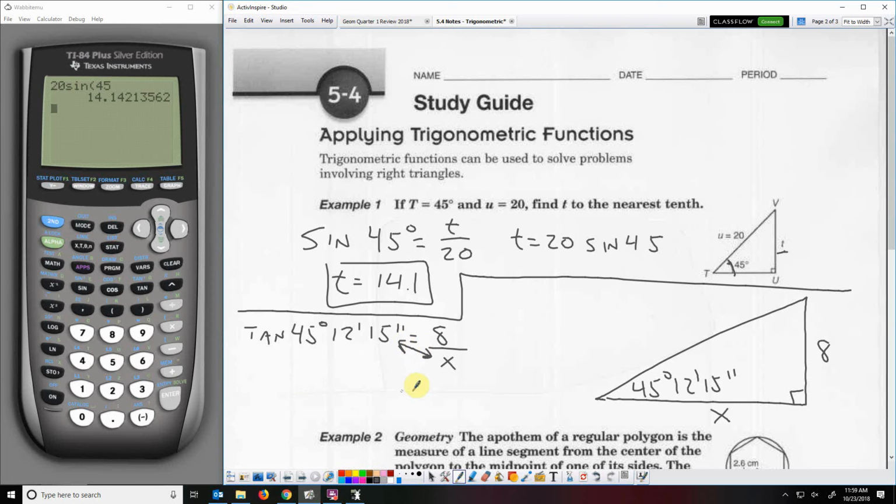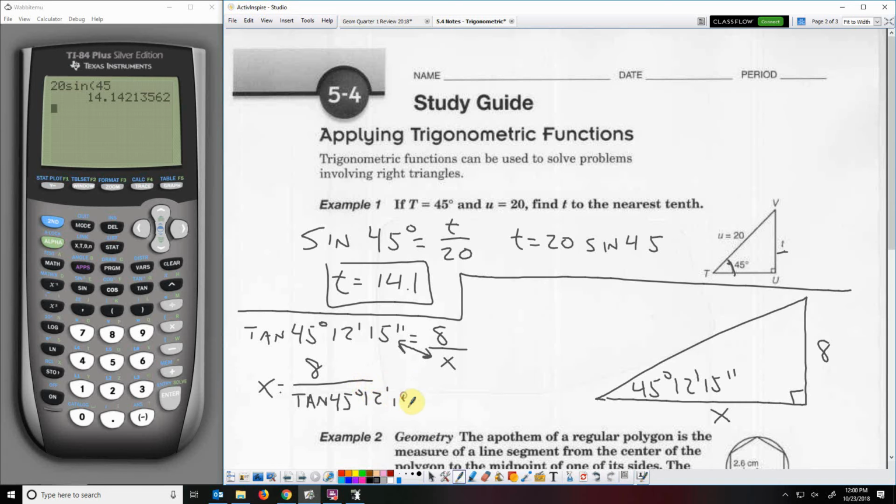It's just a shortcut, otherwise I would be multiplying both sides by x, then dividing both sides by tangent 45 degrees, 12 minutes, 15 seconds. So the shortcut, I'm just going to switch those, so I get x equals 8 divided by tangent 45 degrees, 12 minutes, 15 seconds.